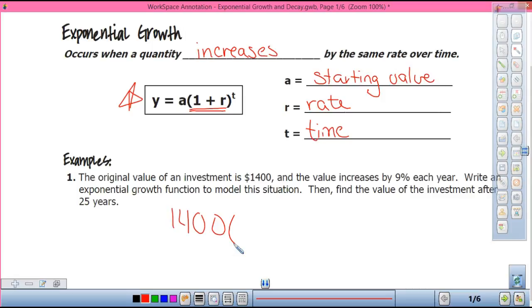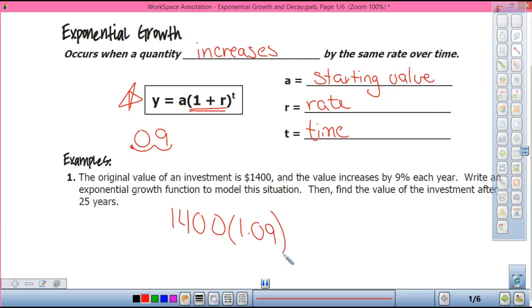It's not 0.9, it's 0.09. Yep, because remember, I have 9%, my decimal's right here, I have to move it 2 places. Okay, now, in here it says 1 plus our rate. So we've got to take 1 plus 0.09. What do I get? 1.09. So in my parentheses is 1.09.